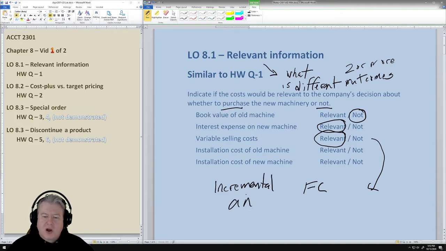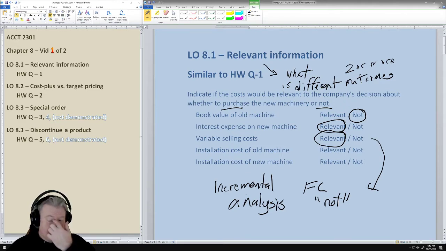Almost always we are going to have to make a decision on whether or not the fixed costs are relevant or not, and typically they're not. If we're only considering variable costs as relevant and not the fixed costs, that will change how we look at a situation.